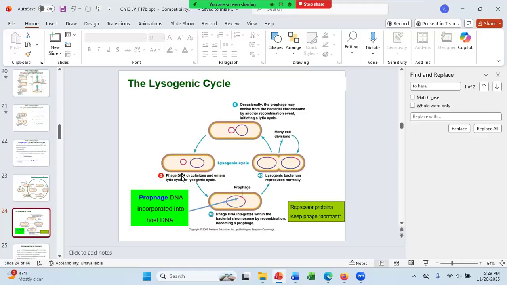There is one event that is known to cause the virus to leave the lysogenic life cycle and enter the lytic life cycle, and that is if you damage the DNA of this cell.